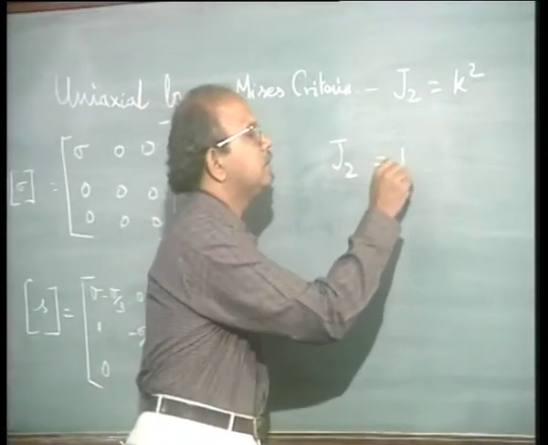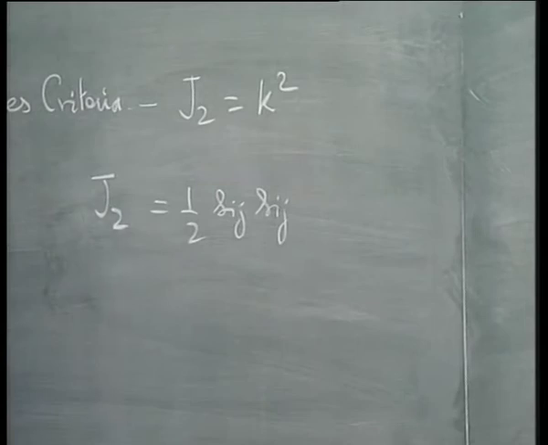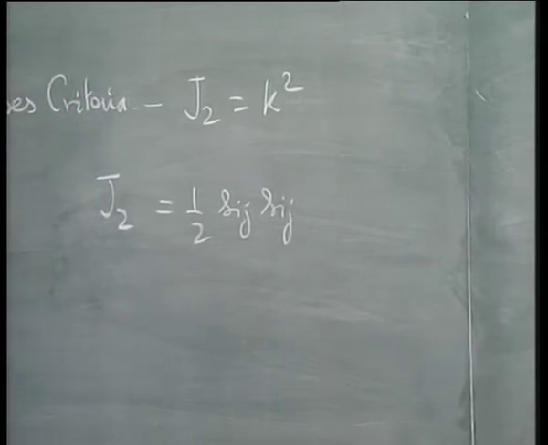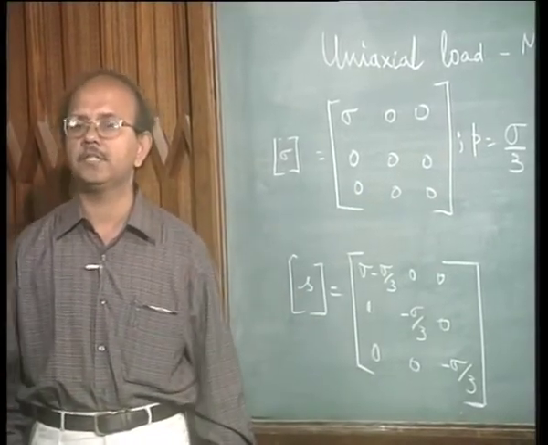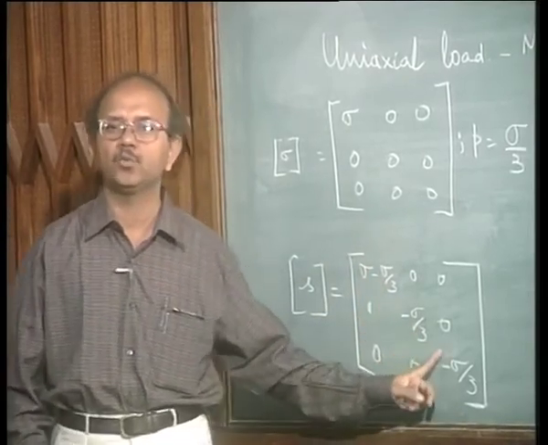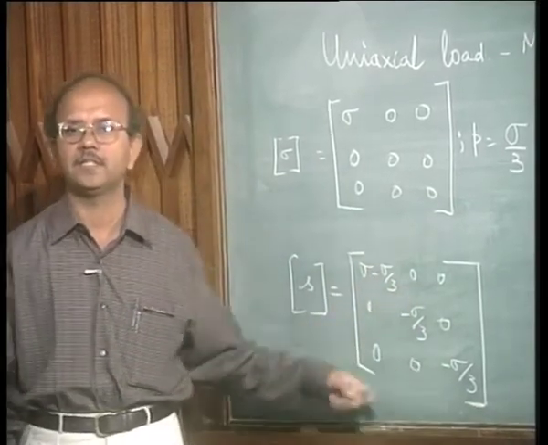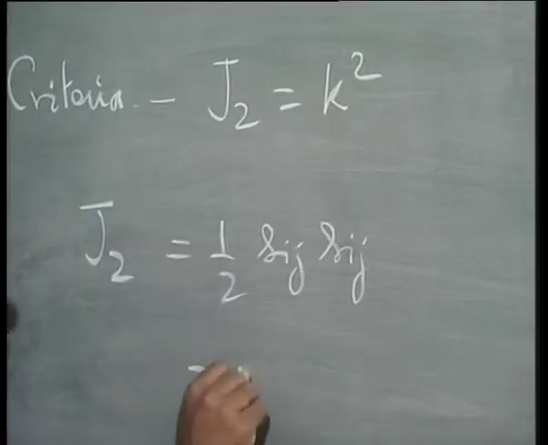Half Sij Sij. Remember that there is a summation on i and j. So, in this case, what happens to this Sij? It is just half into S11 squared plus S22 squared plus S33 squared, because the others are 0.